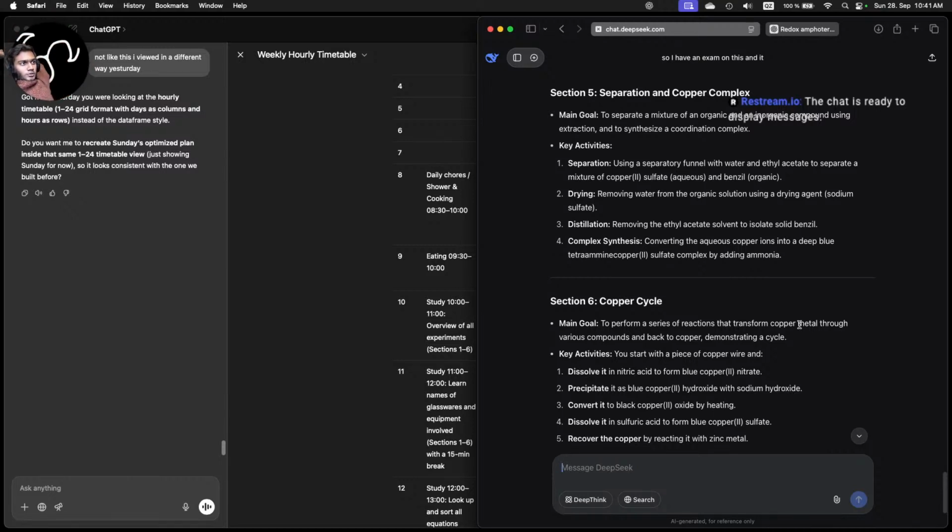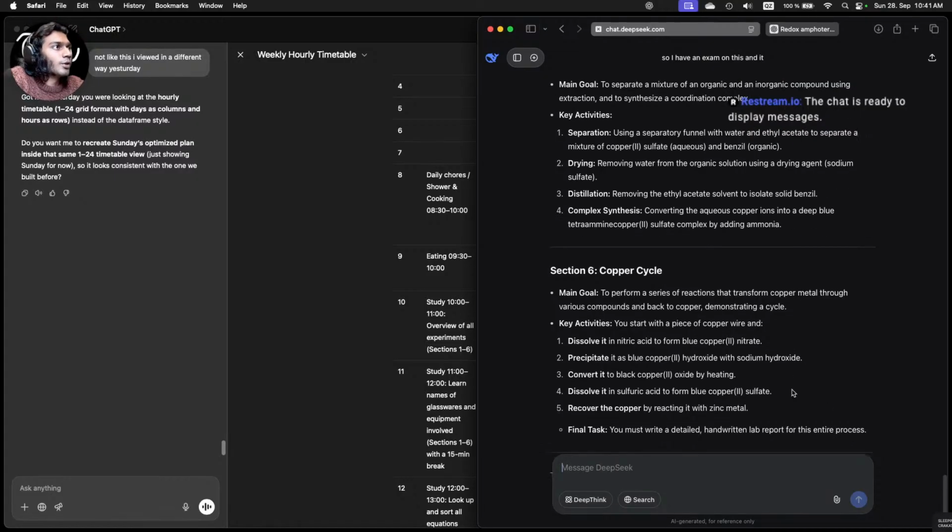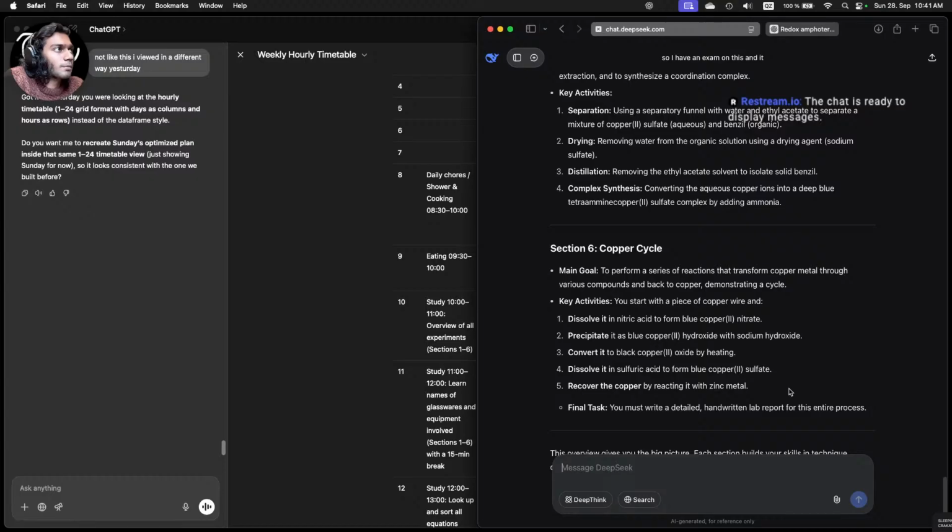Main goal: to perform a series of reactions that transforms copper metal through various compounds and back to copper, demonstrating a cycle. You start with a piece of copper wire and dissolve it in nitric acid to form blue copper(II) nitrate. Precipitate it as blue copper(II) hydroxide with sodium hydroxide.